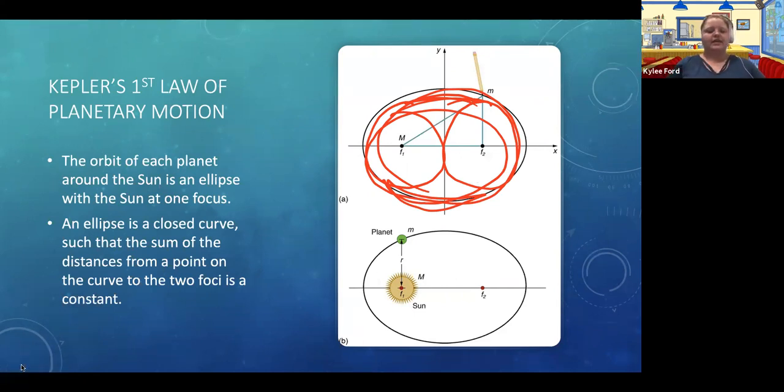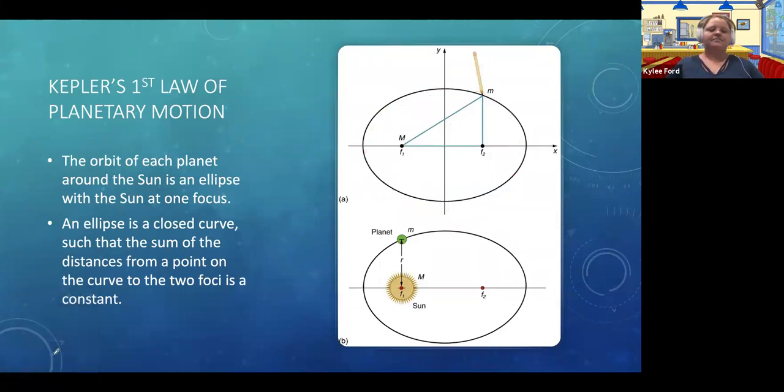We also say in math that it's a closed curve, so that the sum of these two distances, distance 1 and distance 2, from a point on the curve is constant.